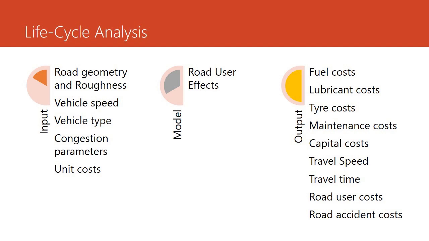The model outputs a range of detailed results, including fuel costs, reflecting how rough or steep roads increase fuel consumption; lubricant costs, which rise with engine wear under poor conditions; tire costs, due to faster wear on uneven or rough surfaces; maintenance costs, driven by vehicle damage from poor road quality; capital costs, linked to depreciation and reduced vehicle life; travel speed and travel time, both directly influenced by road quality and congestion; road user costs, which combine all these operating and time-related expenses; and finally, road accident costs, accounting for safety impacts under different road and traffic conditions.